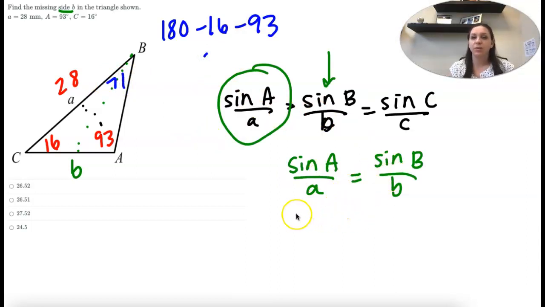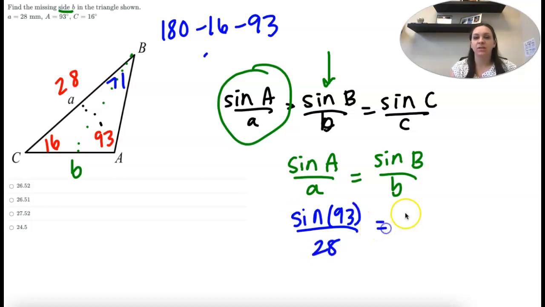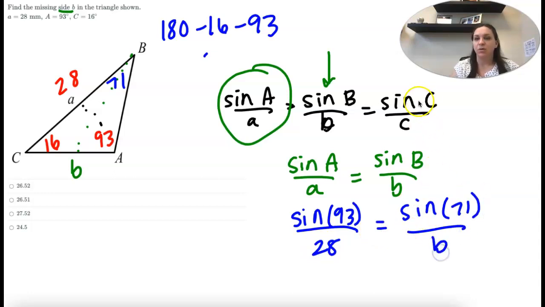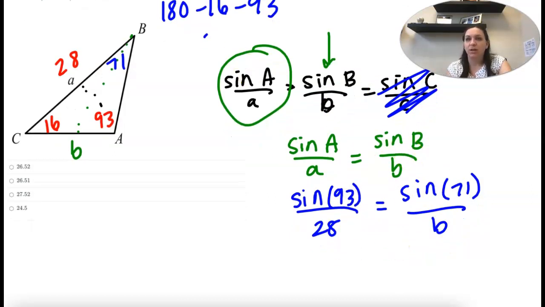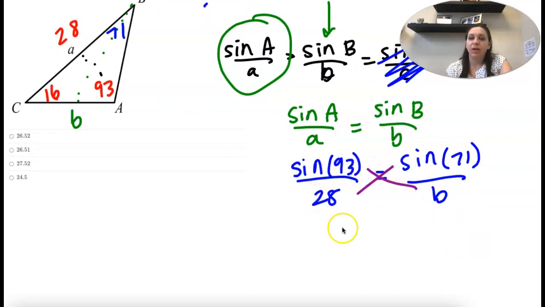So now let's fill in what we know. Angle A is 93. Side A is 28. Angle B is 71. Side B is what I don't know. So we're not using this one at all. I have my 2. I filled in 3 numbers. I'm solving for 1.